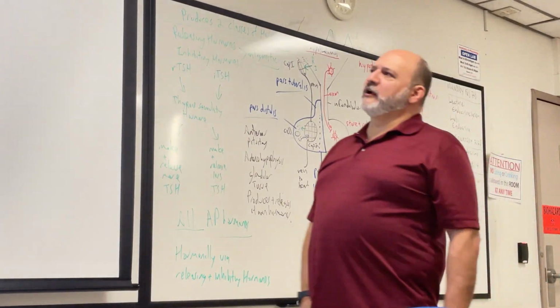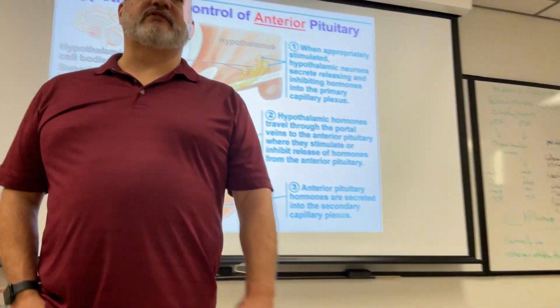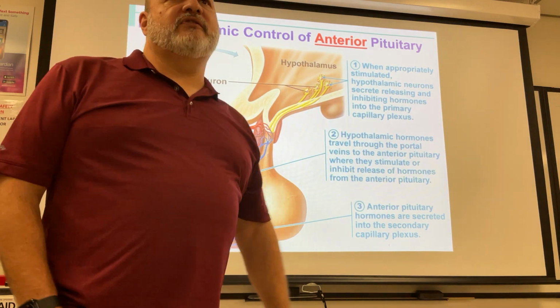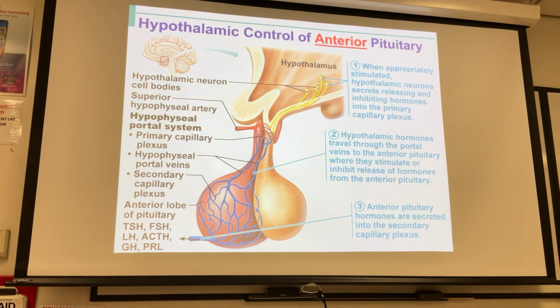Now, that does bring us to one last question. And we'll go back to this picture for this. Aren't these releasing and inhibiting hormones hormones? Aren't those two classes on our list? Yeah. And what are their targets? What do the releasing and inhibiting hormones, those two classes of hormones, what do they target?